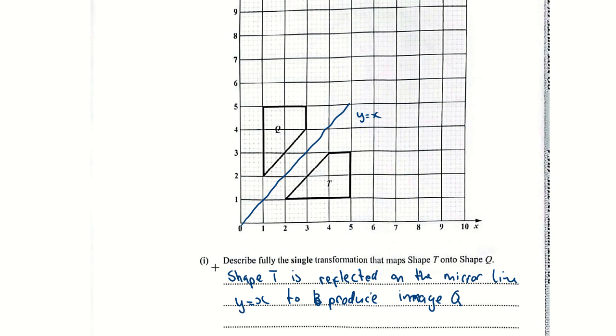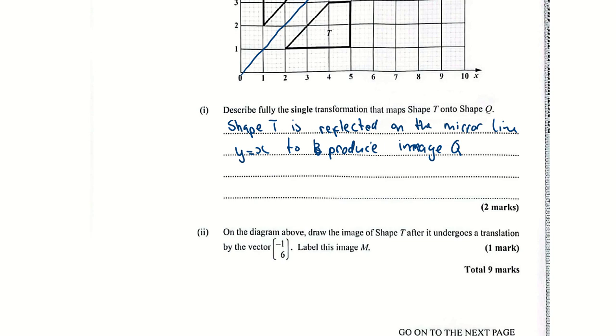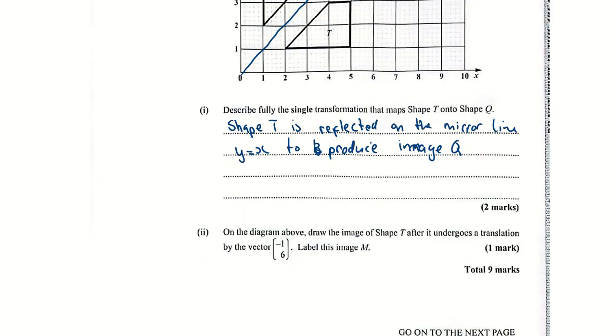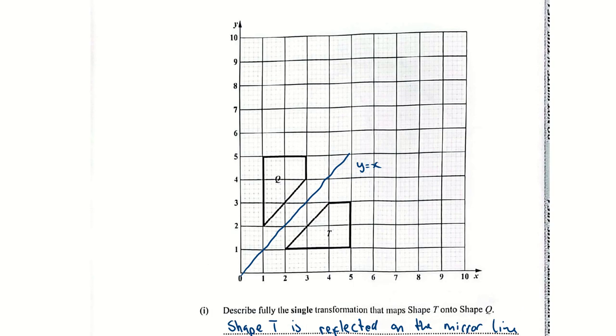If it is -1, that means it's going to the left-hand side. And then 6 units, y is positive, so it's 6 going in the positive direction. So let's take one point, go back 1, then count 6: 1, 2, 3, 4, 5, 6.